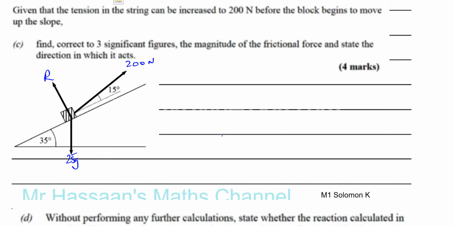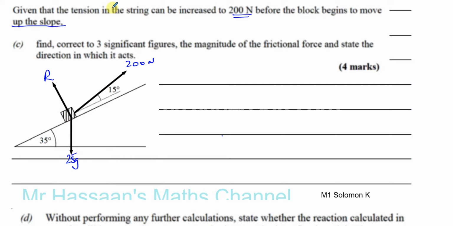Now how does the frictional force act here? Well, it says, given that the tension in the string can be increased to 200 newtons before the block begins to move up the slope. It says up the slope. So it's about to move up the slope. So 200 newtons is like the limit of this before the block moves up the slope.